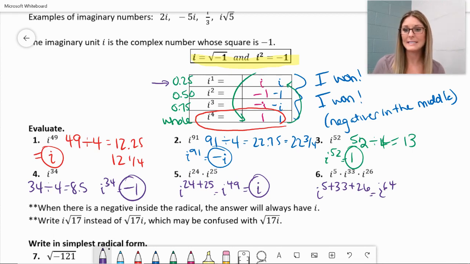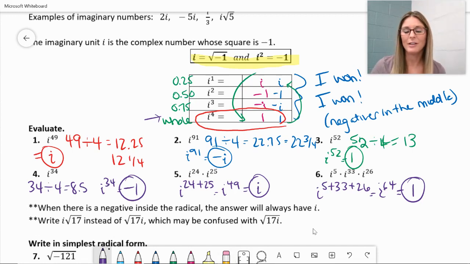And it gave me 16, the whole number. Gave me a whole number. So it is equal to the last box, positive 1. All that mess, number 6, i to the 5th times i to the 33rd times i to the 26th is equal to 1.